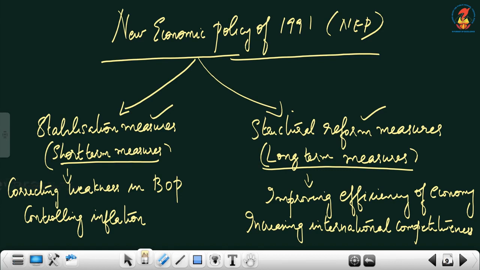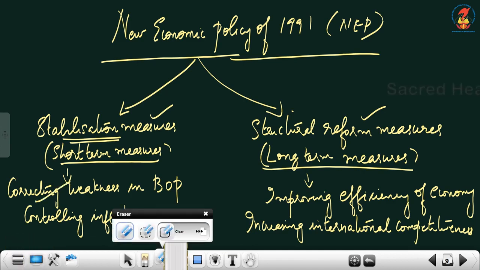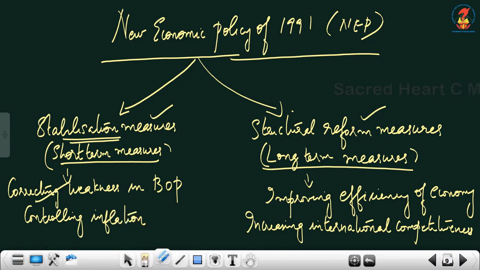Now, what all comes under the stabilization measures? Stabilization measures include correcting weakness in the balance of payment. That means correcting the deficit in the balance of payment. And the next one, controlling inflation. You know what that is? Reducing the prices of products in the market. To reduce the prices of products in the market, what has to be encouraged?